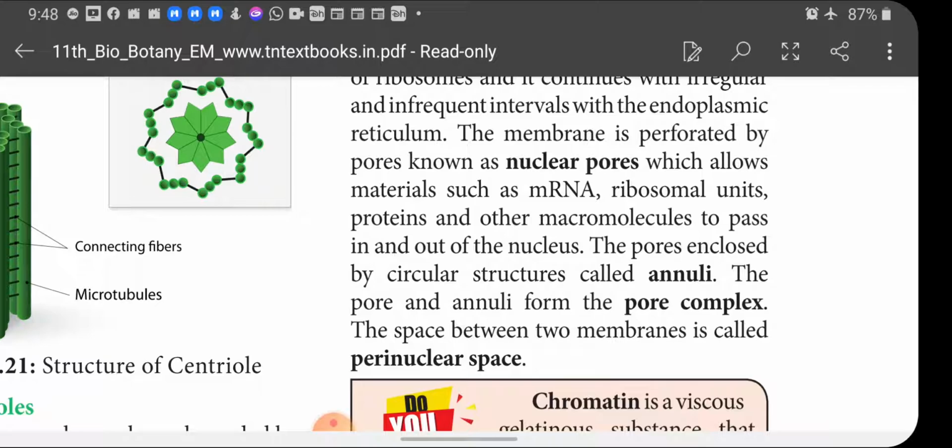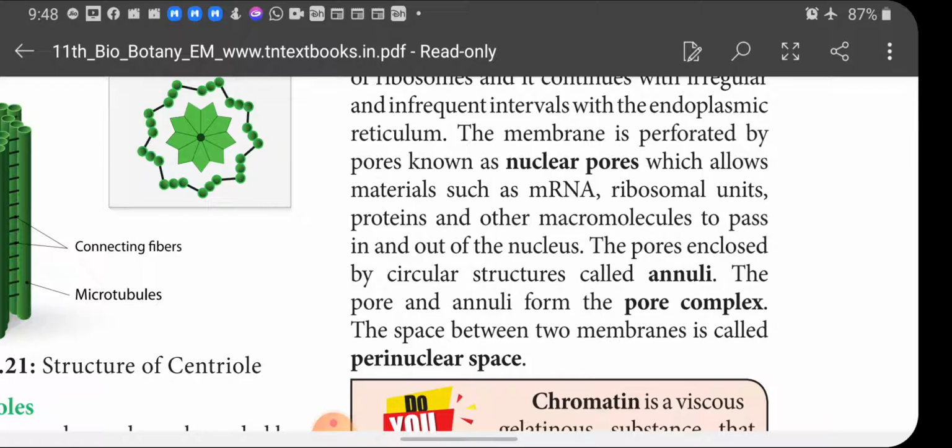So this membrane is perforated by pores. Pores means holes. These holes are known as nuclear pores. Through these holes, materials enter into the nucleoplasm and leave the nucleoplasm to the cytoplasm.